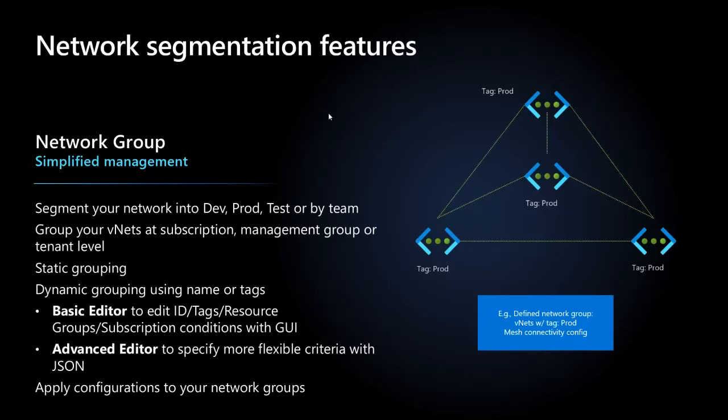So you can easily create a combination of those conditions. But you can also create more flexible, complex criteria using the advanced editor, in which you can define the criteria with JSON syntax. Okay, so this is the network segmentation.